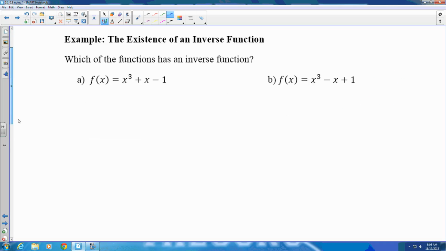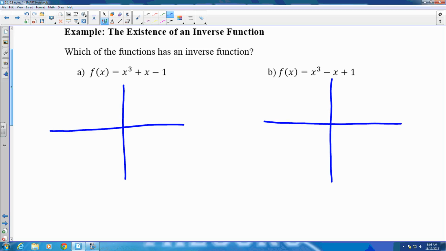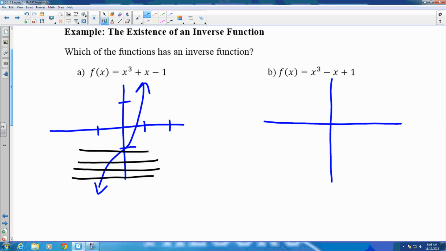Which of the functions has an inverse function? So we need to graph them first. Let's see if they pass the horizontal line test. All right, for A, it looks like that. And if we put a horizontal line anywhere through this function, does it pass?